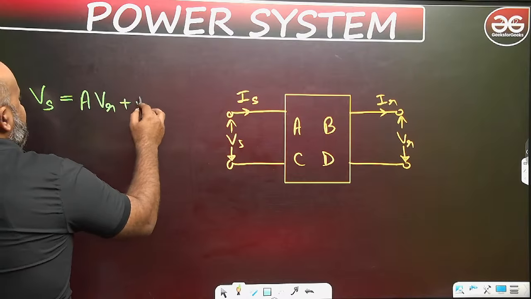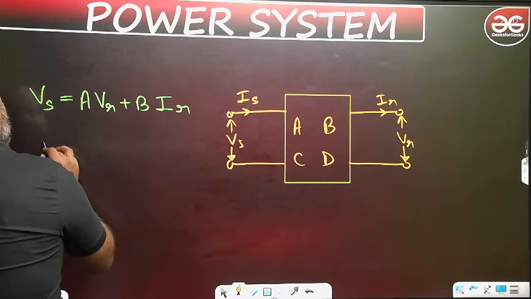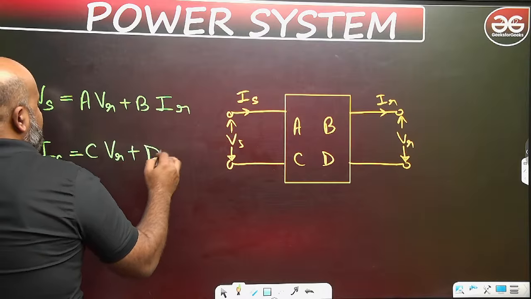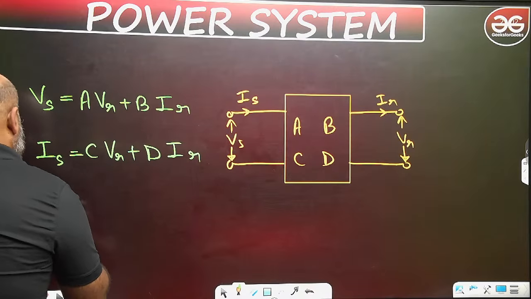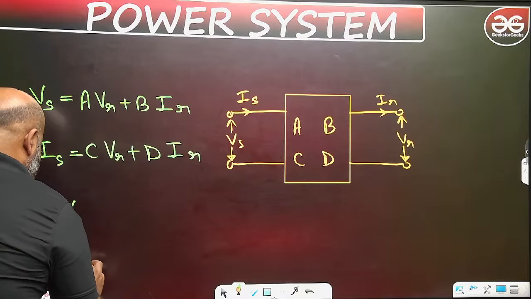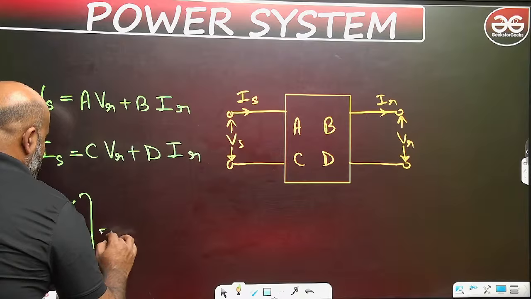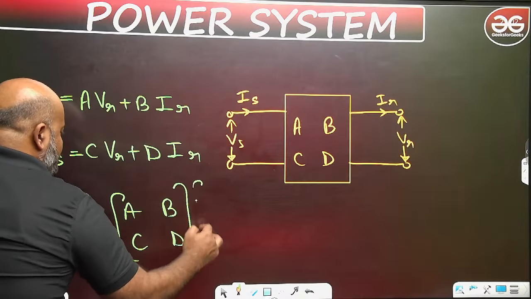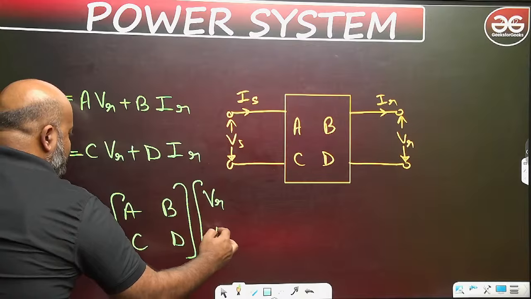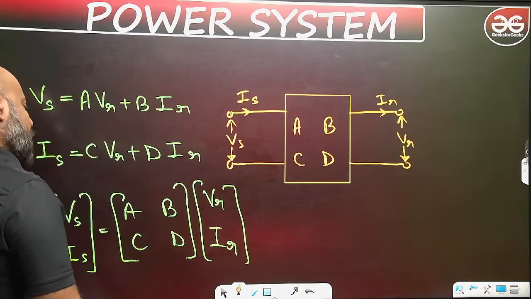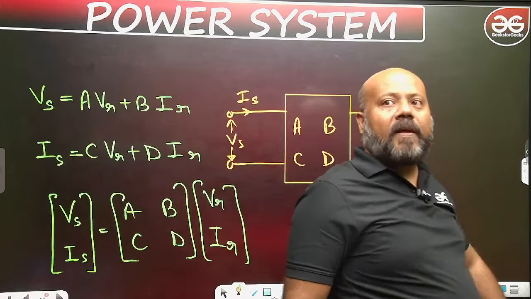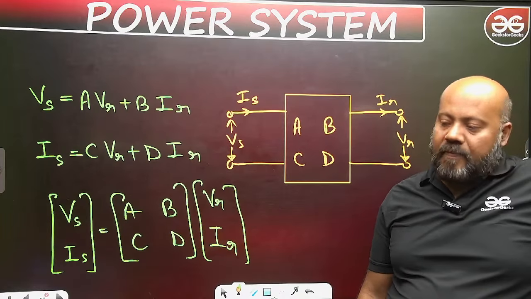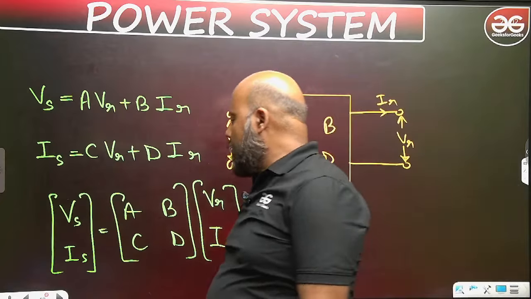Vs = A VR + B IR. Sending end current: Is = C VR + D IR. If you want, you can write it in matrix form also: [Vs, Is] = [A B; C D] [VR, IR]. Is it clear?